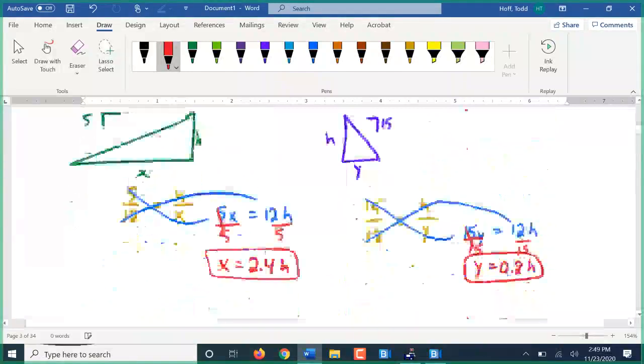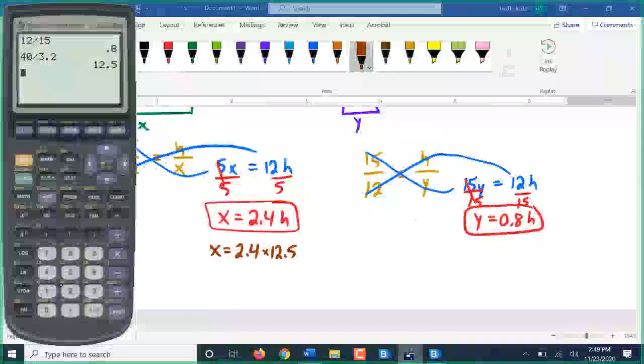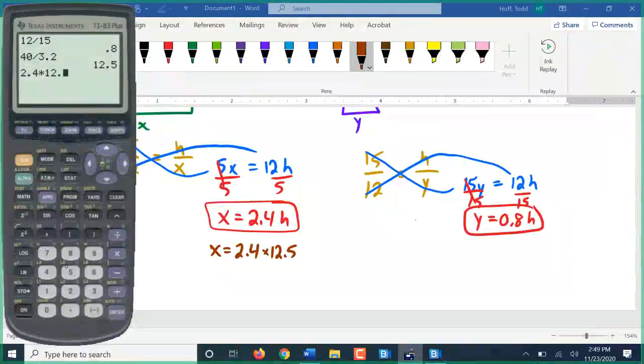Now we go back down to each of these. X is 2.4 times h, that's 2.4 times 12.5, which is 30.